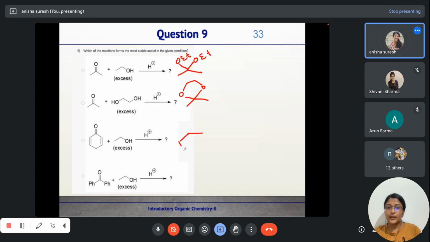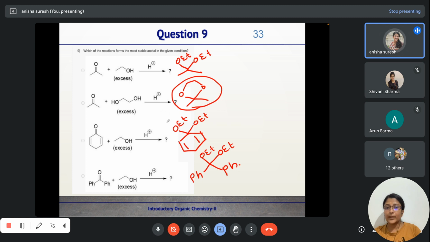Here also it will result in formation of OEt, OEt, and here OEt, OEt, and Ph. So this cyclic form will be the most stable one. Correct answer will be option B.